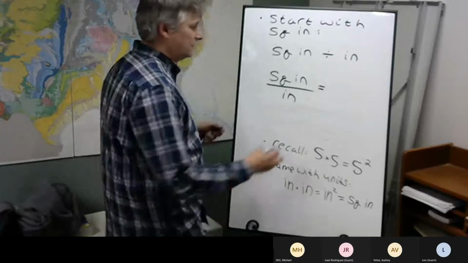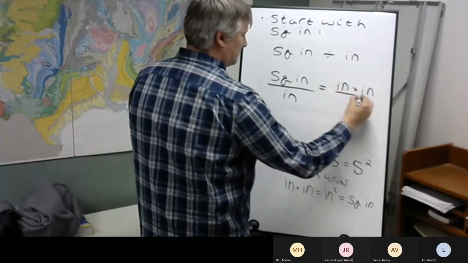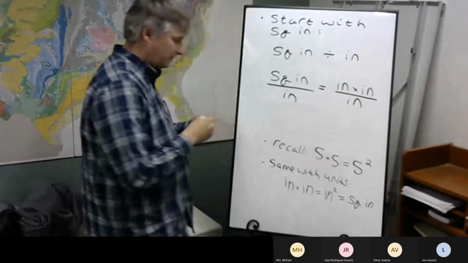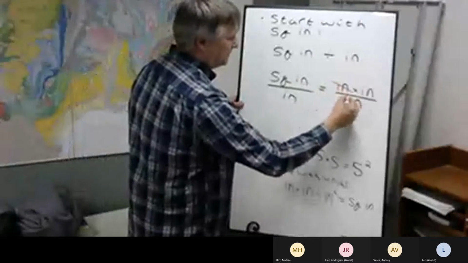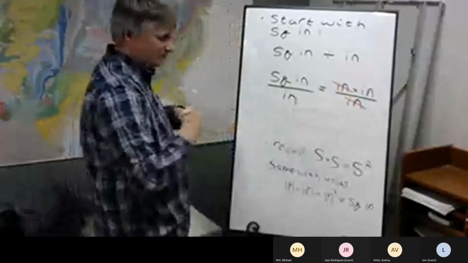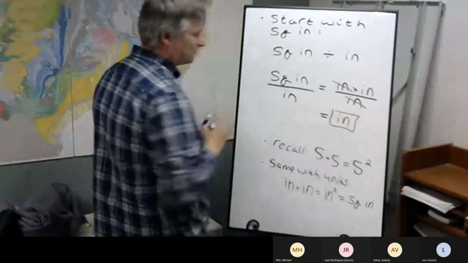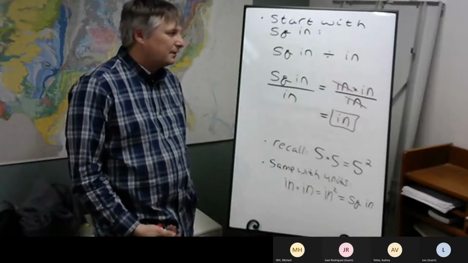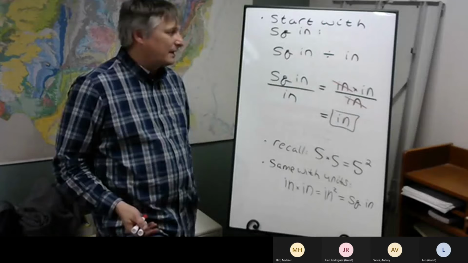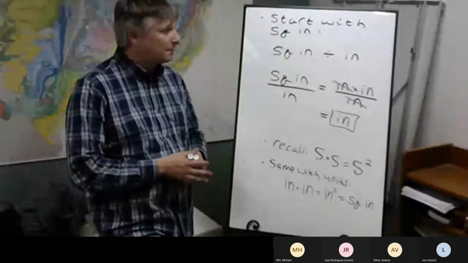So square inches is inches times inches over inches. And just like with fractions, we can cancel and reduce. So we can cancel an inches with an inches, and we're going to get inches. So we're going to treat units like they're numbers, and you're going to see cancellations like we have in fractions.